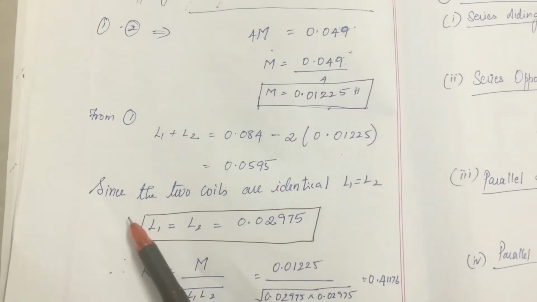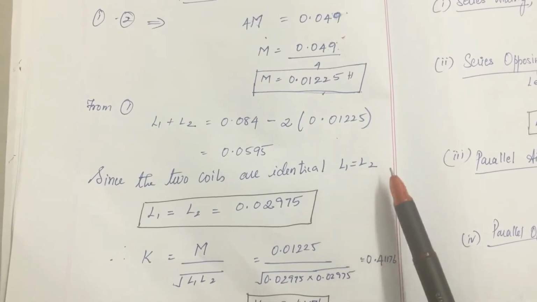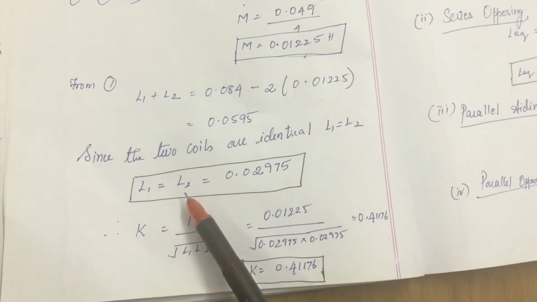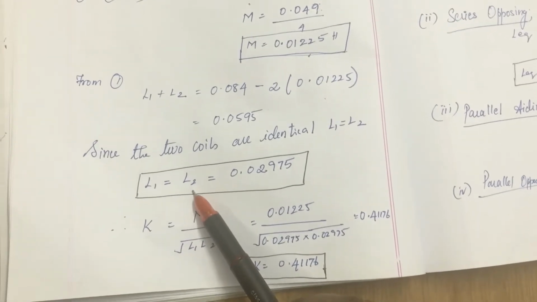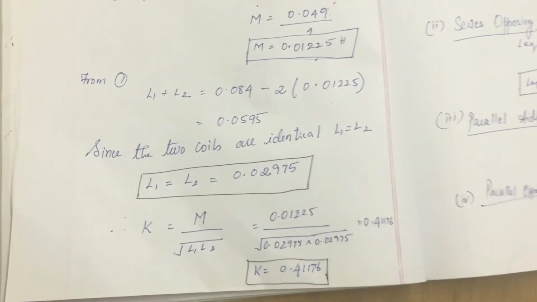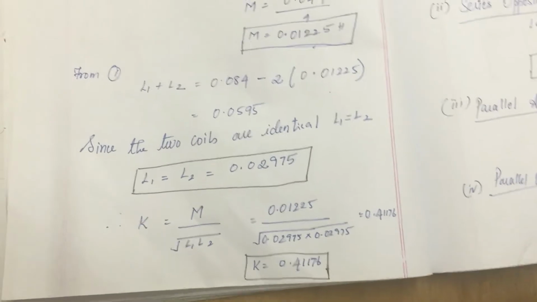Since the question says the two coils are identical, that is L1 is equal to L2, so this divided by 2 gives L1 equal to L2 equal to 0.02975. So I have got my self-inductances L1 and L2.